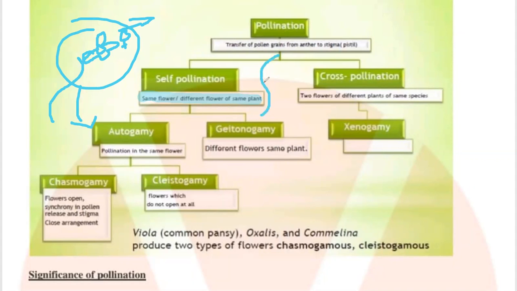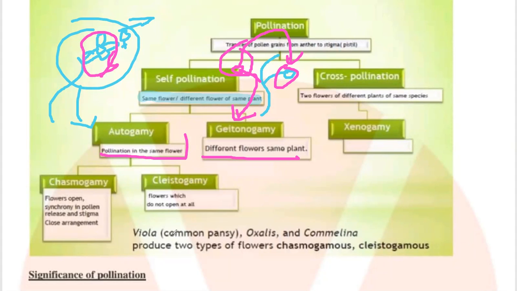Whereas if I make this plant, this one flower, and this as second flower, and if the pollination occurs within these two flowers, then we refer to it as geitonogamy. That means different flower of same plant, and this is pollination in same flower, this one flower.